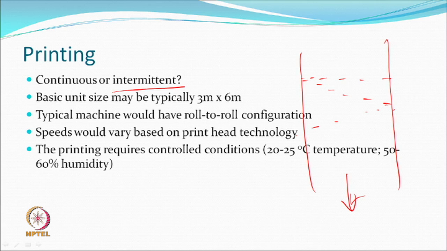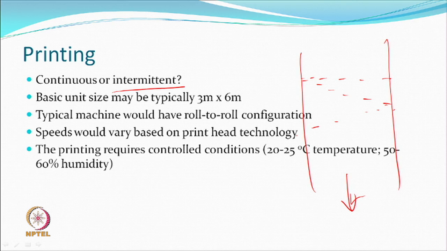The pre-treatment or the post-treatment is not going to be in this area, because there you may be having drying of a different kind, curing of a different kind, steaming you may require, washing you may require. That does not require control conditions of temperatures of 25 degrees or humidity control of 50-60%. So, this zone will be different.